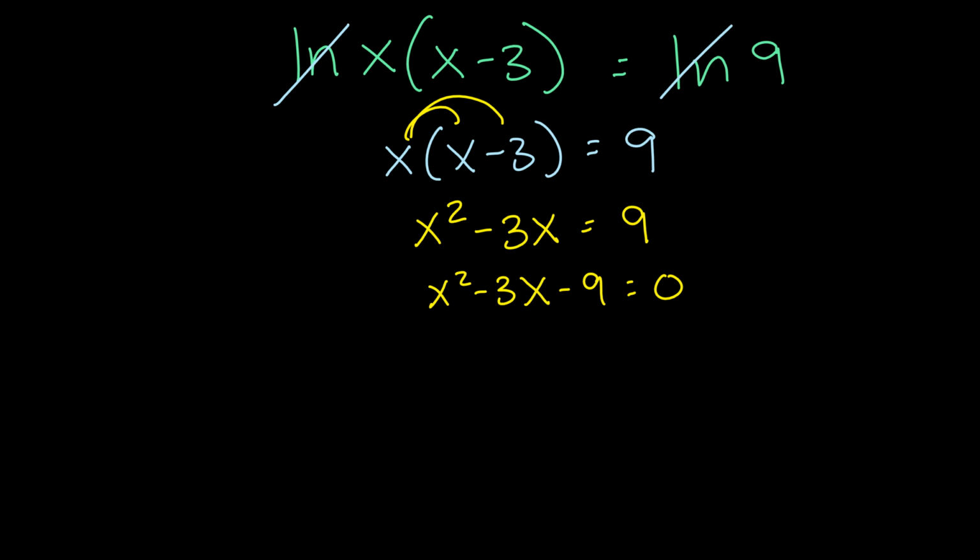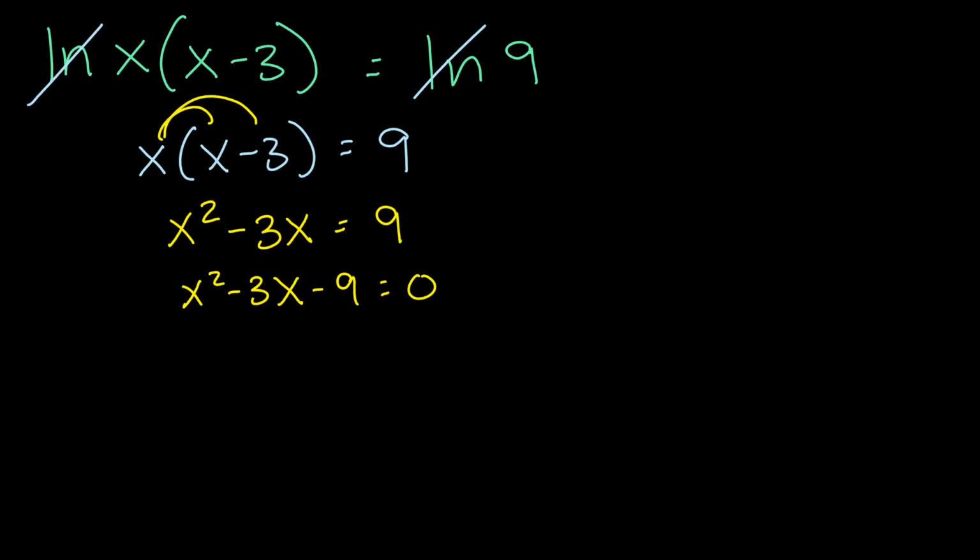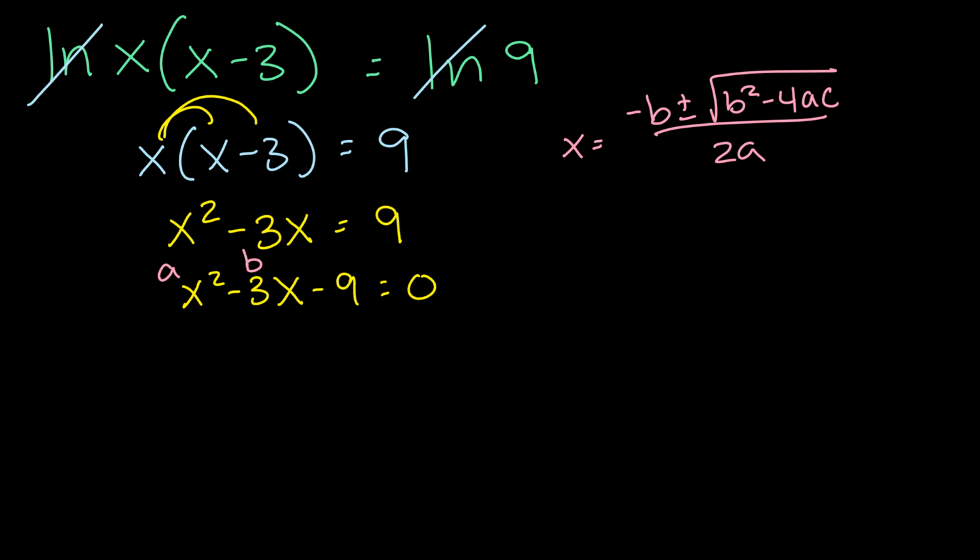The quadratic formula, our good old friend, which is x equals negative b plus or minus the square root of b squared minus 4ac, over 2a. So this is our a value of 1, our b value of negative 3, and our c value of negative 9.